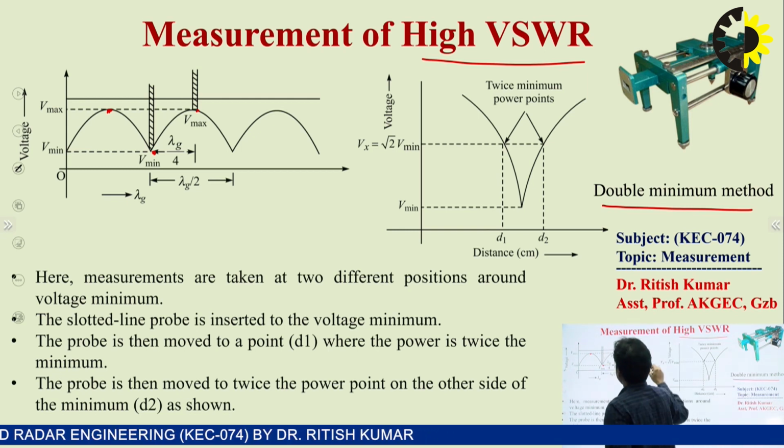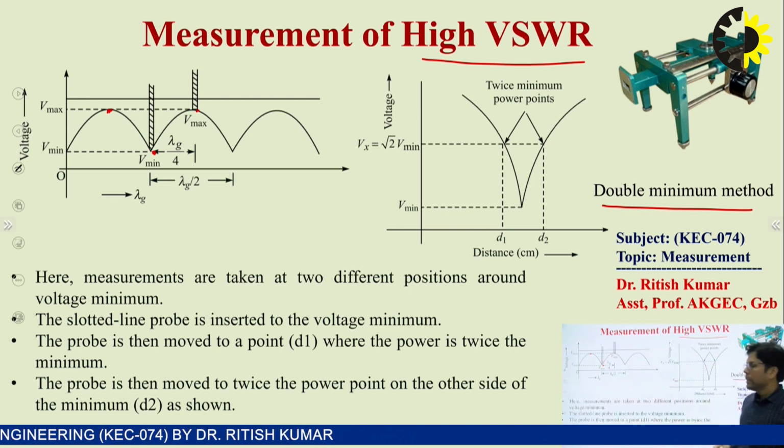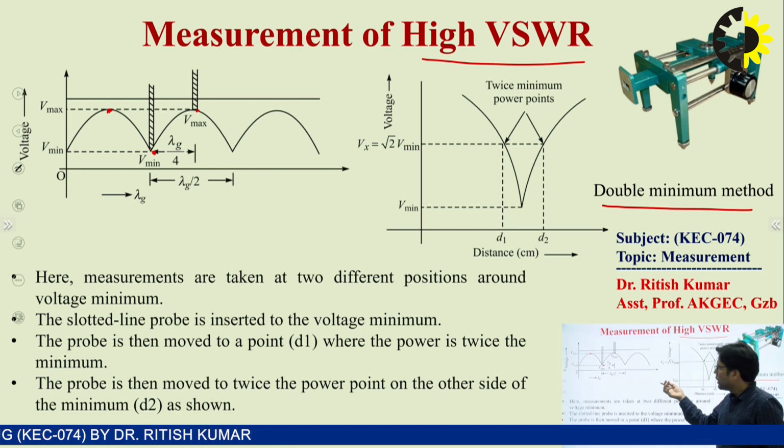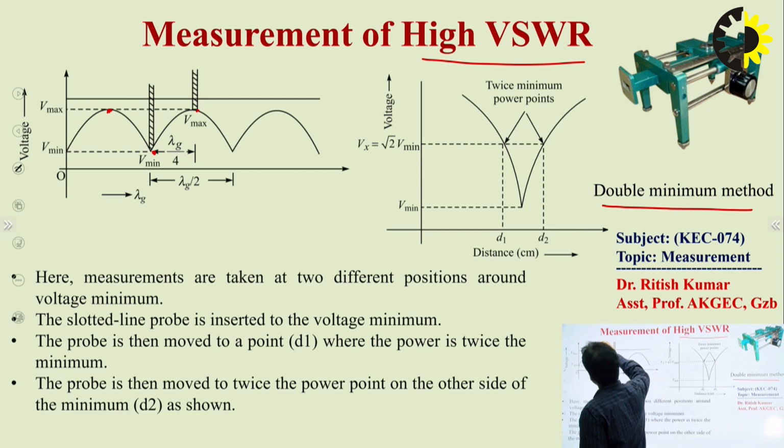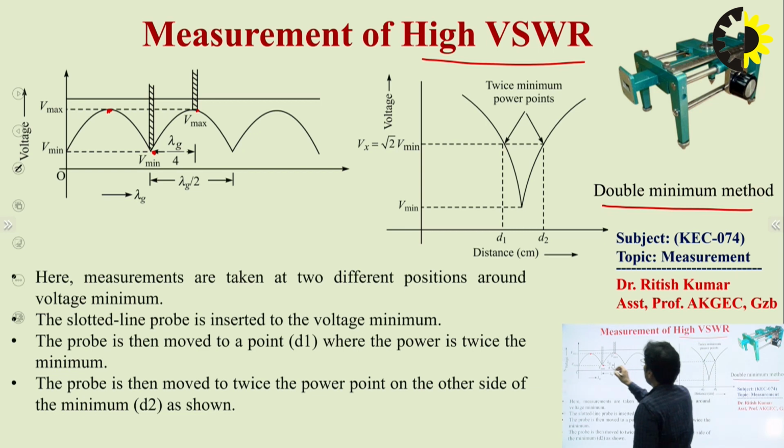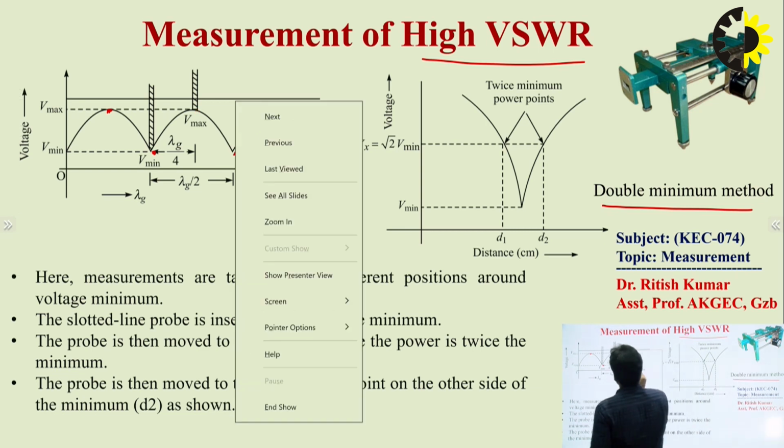This kind of periodic nature we will be getting after moving the knob in the forward direction, right? So why are we calling this the double minima method? We need to consider two minimum points here, right? Two minimum points.